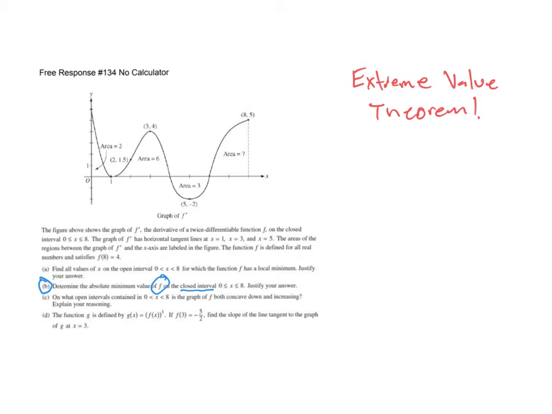We have a continuous function, and by the way, I know it's continuous because it's twice differentiable. We have a continuous function on a closed interval, so we know there is going to be an absolute min and an absolute max. The theorem tells us that, and we know where to look for these suckers. We look at endpoints and critical points.